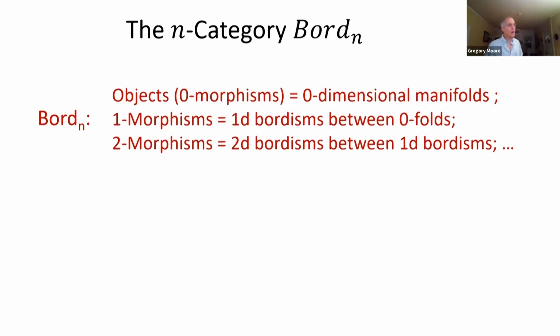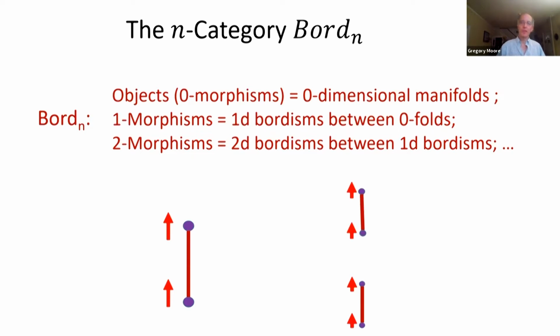So here, the objects, or the zero morphisms, are zero-dimensional manifolds. For example, a point, or perhaps a disjoint union of points or several points. The one morphisms then would be one-dimensional Bordisms between these zero manifolds. So the arrows here indicate not orientation, but what's ingoing and what's outgoing.